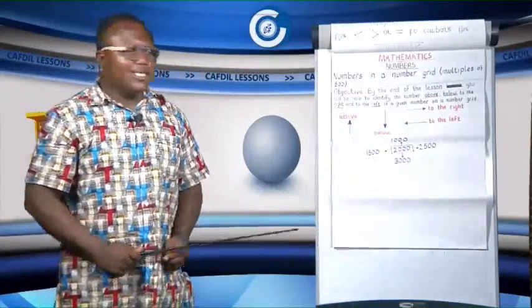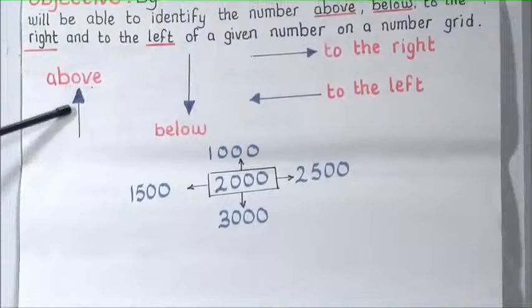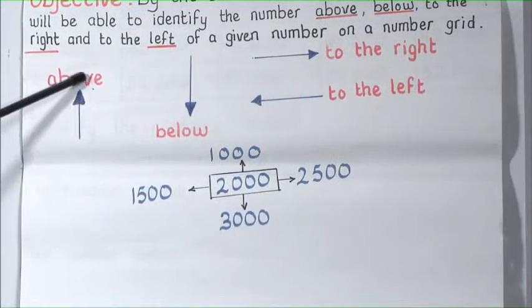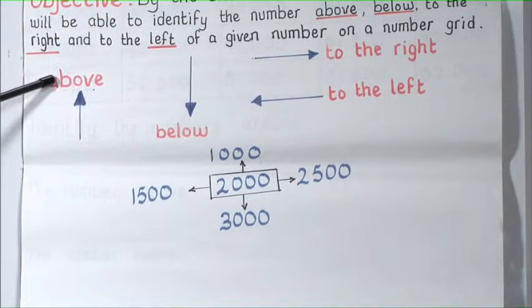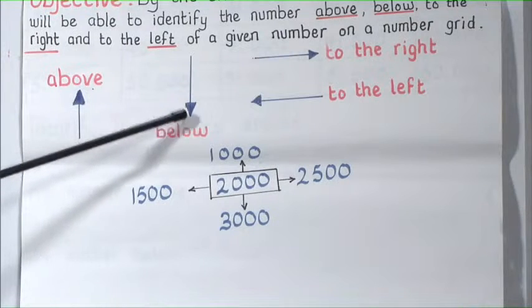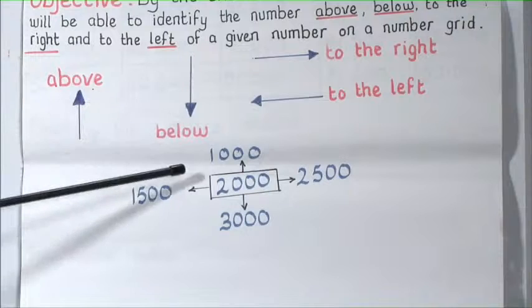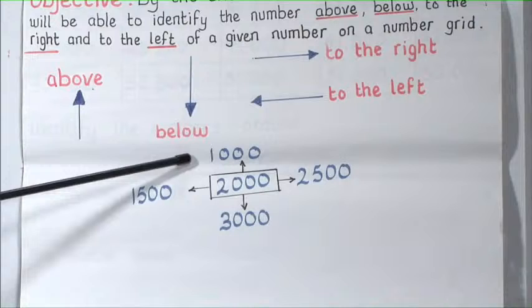Now let's come to the board and see. We have the same arrow here. Where is the arrow pointing to? Here is the top. So I wrote above. So top, you can also say above. Now let's come to this one too. Where is this arrow showing? Down. So here we also say below.